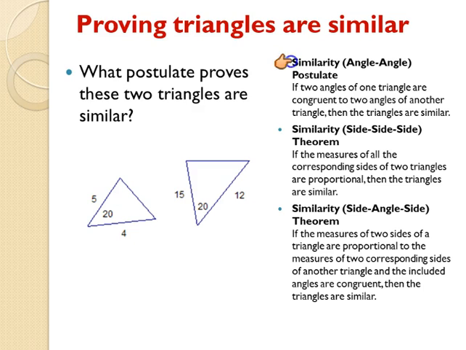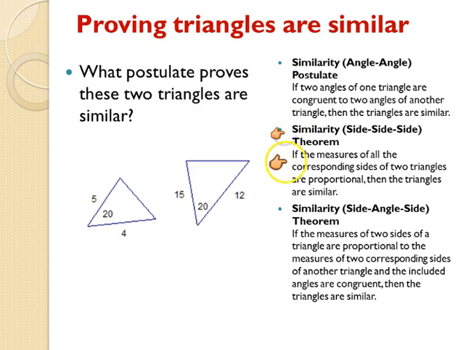Remember, we actually couldn't use that in showing that 2 triangles are congruent, but we can use the angle-angle postulate to prove that 2 triangles are similar. So what that postulate says is that if 2 angles of one triangle are congruent to 2 angles of the other triangle, then the triangles are similar. So angle-angle is one of our postulates we can use to prove that triangles are similar.